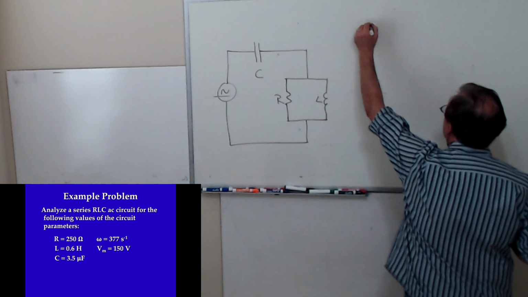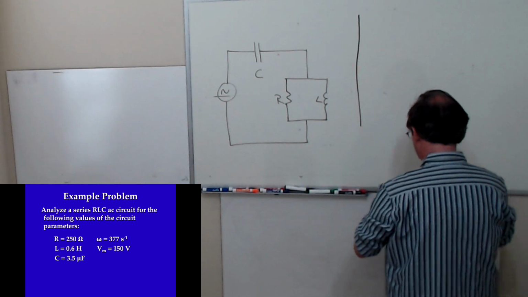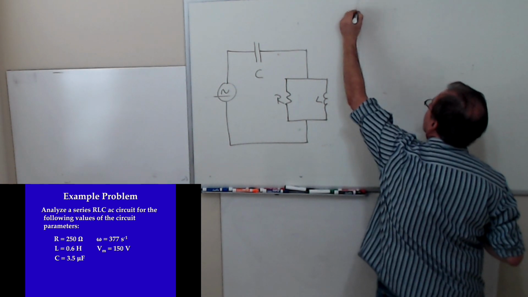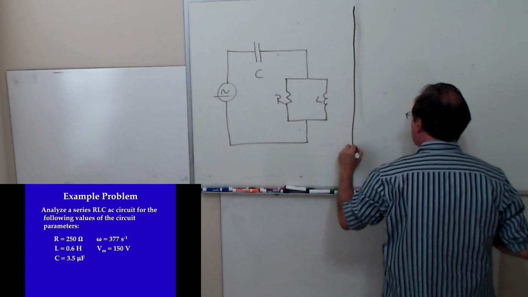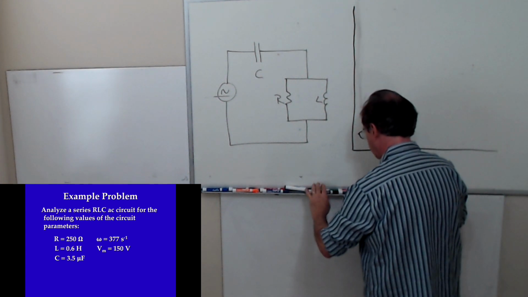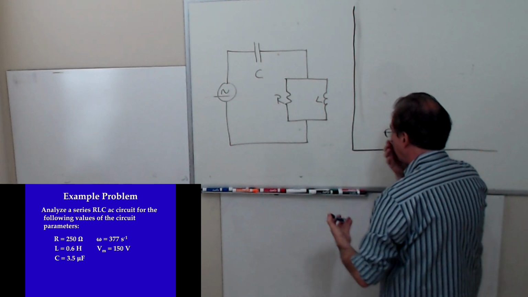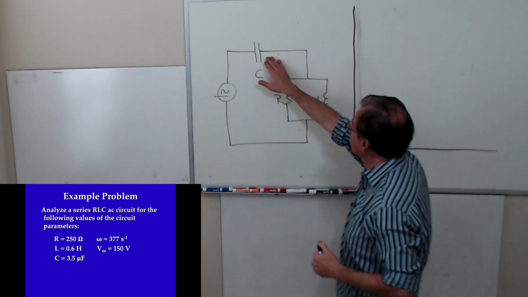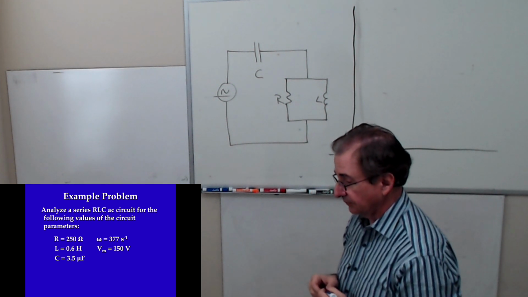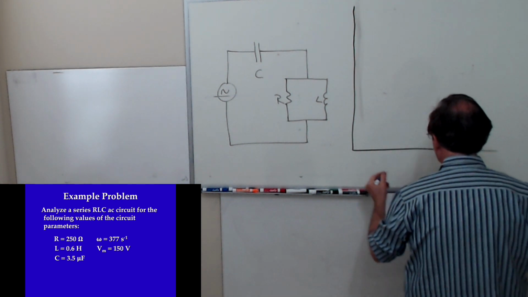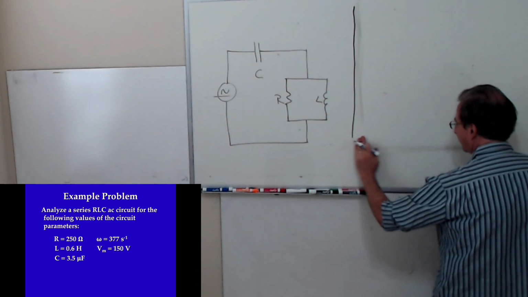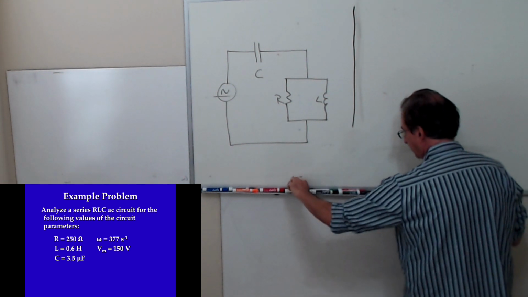So let me draw a nice big diagram. And since the current through here is the sum of these two currents, I want to draw the current through the capacitor. Hold on, I need to fix this. Hold on a second. So you make your 0 degree be the capacitor voltage?